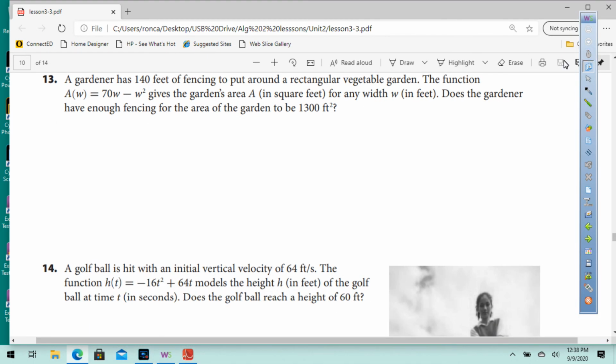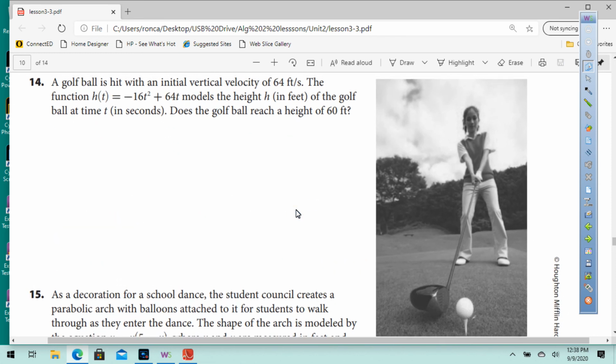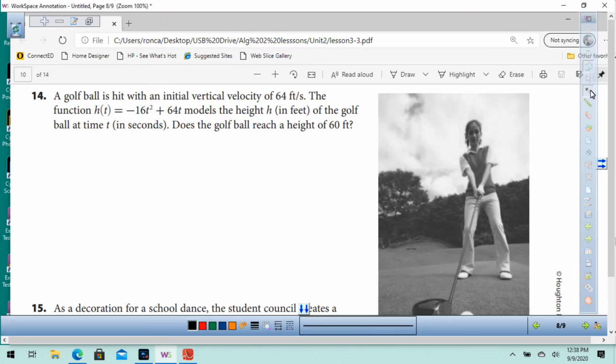Let's try number 14 here. A golf ball is hit with an initial velocity of 64 feet a second. The function h of t equals negative 16t squared plus 64t models the height h in feet of the golf ball at a time t in seconds. Does the golf ball reach a height of 60 feet? Well, let's see. We got negative 16t squared plus 64t equals 60.